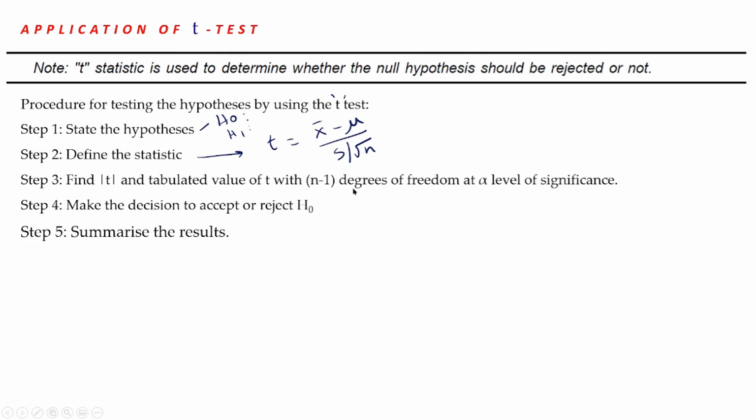So similar to the normal distribution table, we have a table to find the value of t for n minus 1 degrees of freedom and for various levels of significance. And then the fourth step is we have to make the decision to accept or reject the null hypothesis H0. And finally, based on the information that is given in the question, we have to summarize the results.